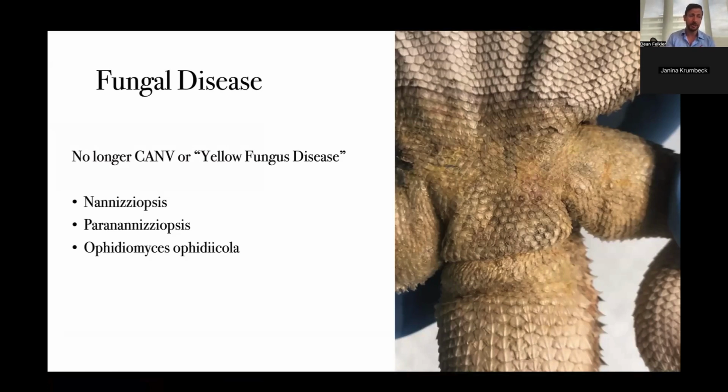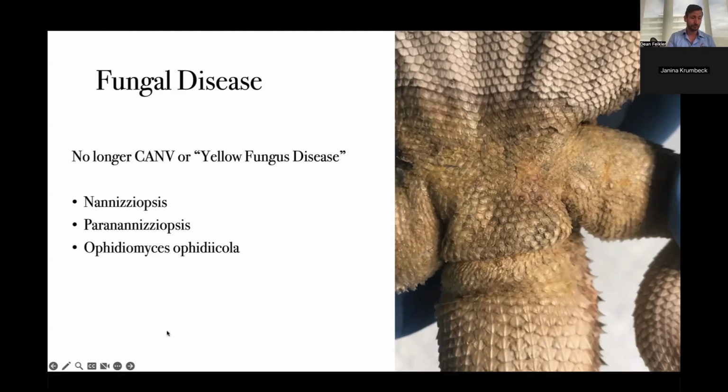So Nannizziopsis, Paranannizziopsis, and Ophidiomyces ophidiicola are the three groups that can cause these skin lesions, the top two being more lizard, and then Ophidiomyces affecting more snake species.